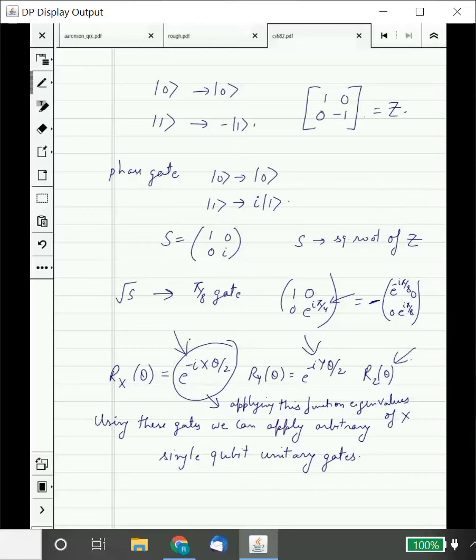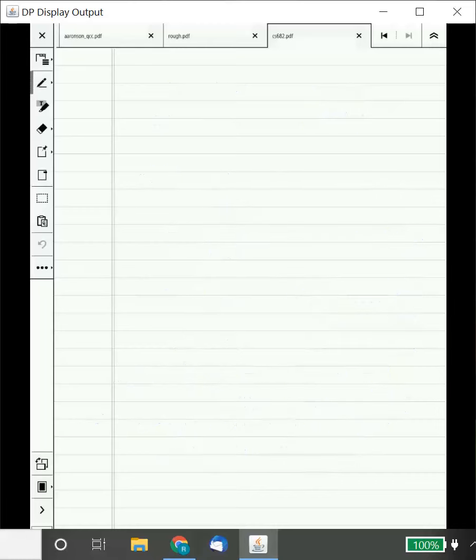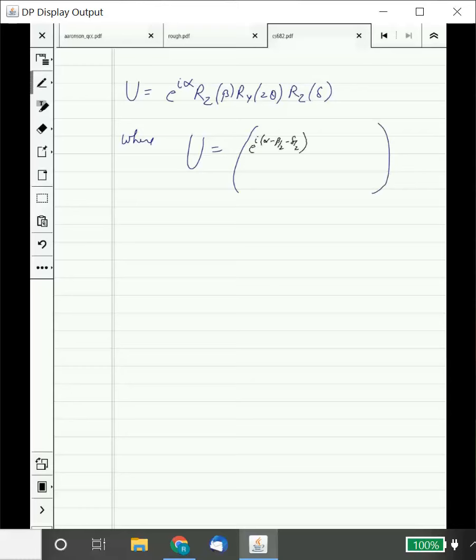These gates are important because, as I mentioned, any general unitary can be written as some phase and then application of Rz, Ry, Rz, where the matrix representation of the unitary was, and so on.